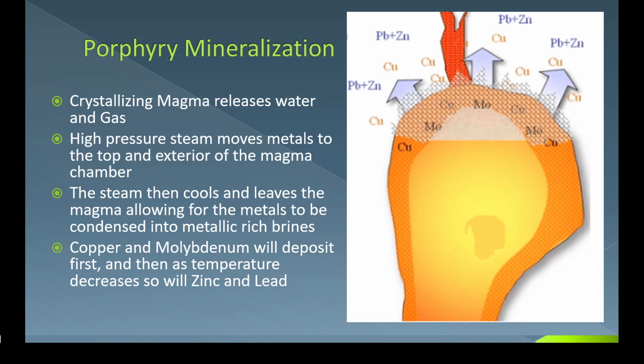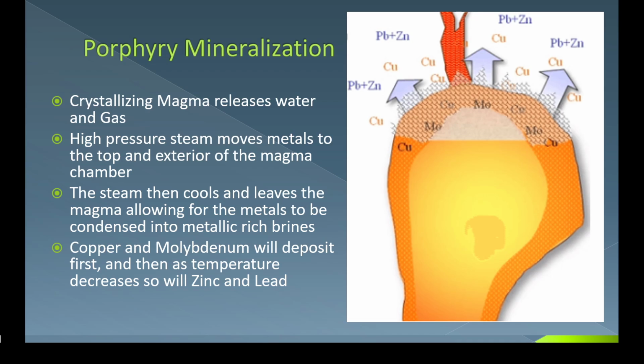Crystallization at the top of the magma chamber allows for the release of water and gas. This high pressure steam moves the metals from the top or the exterior of the magma chamber and moves them into the walls of the surrounding rock.